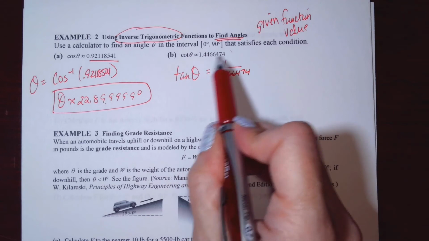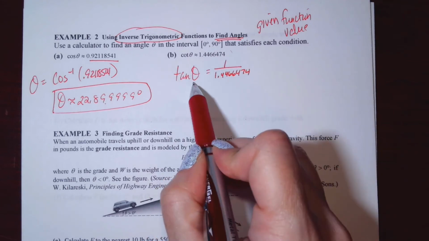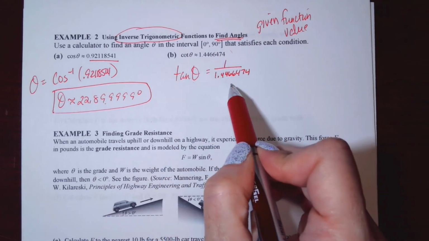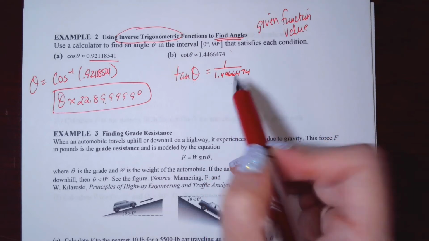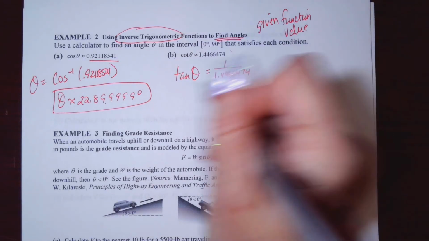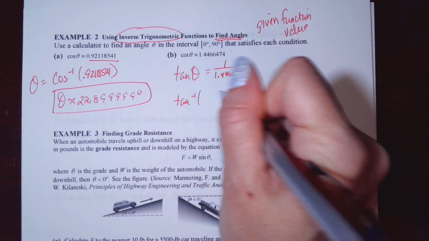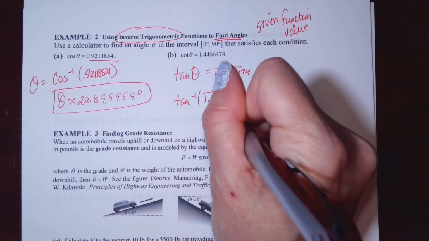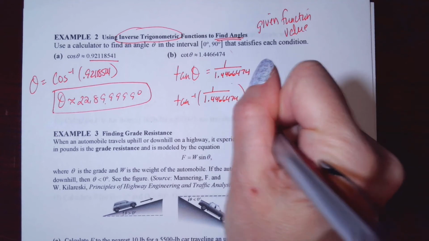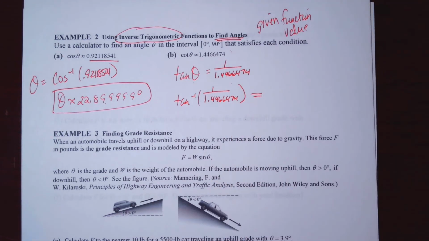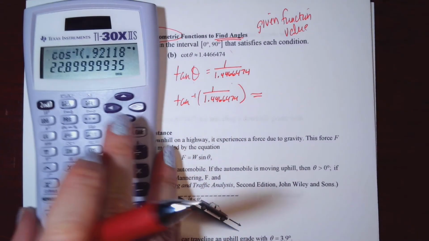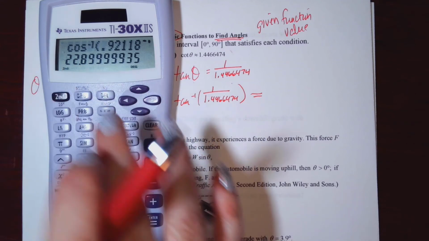So cotangent theta is this. That means tangent theta is 1 over all of that. So when I use my calculator, I'm plugging this in as my input into tangent inverse. And it's going to give me out an angle theta in degrees because I'm in degree mode.